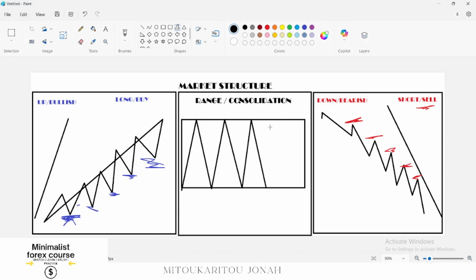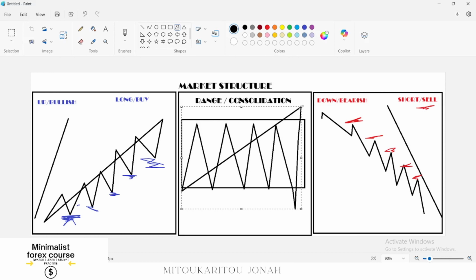It just keeps bouncing up and down until it eventually has the strength to break below or break above and continue whatever trend it's on, right?